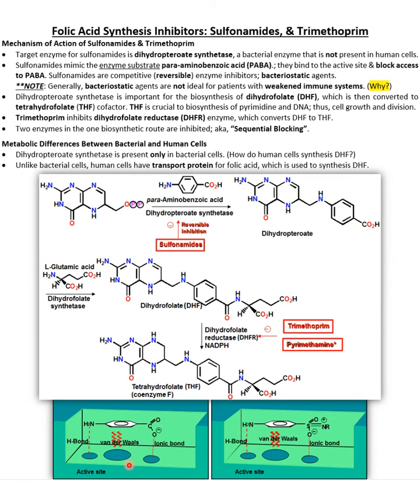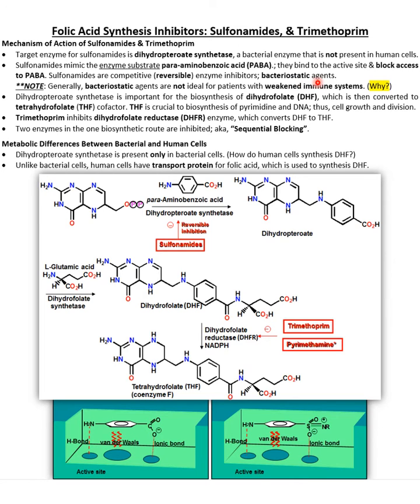As you can see from the binding of the sulfonamides with the binding site, it's actually reversible. There is no covalent bond formed, so the binding of the sulfonamides with the enzyme is reversible, and the process is considered bacteriostatic.